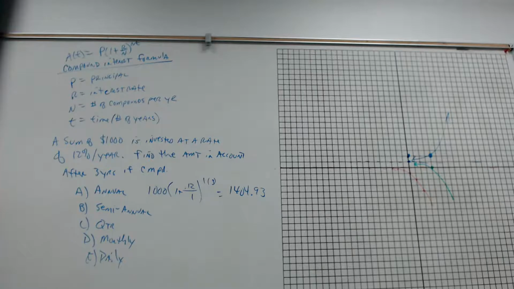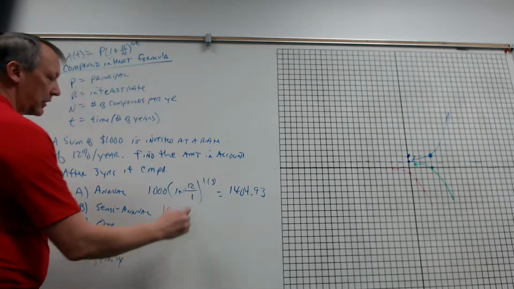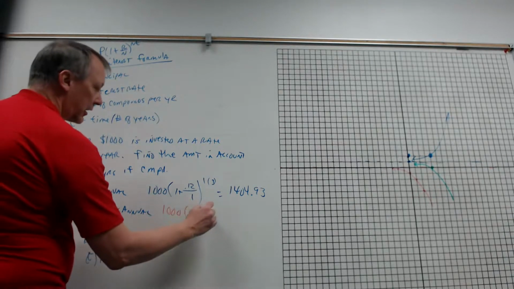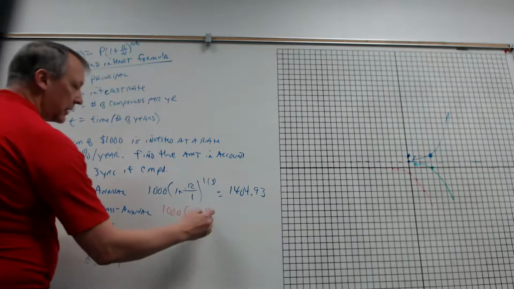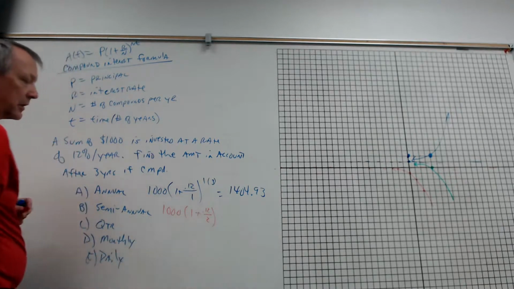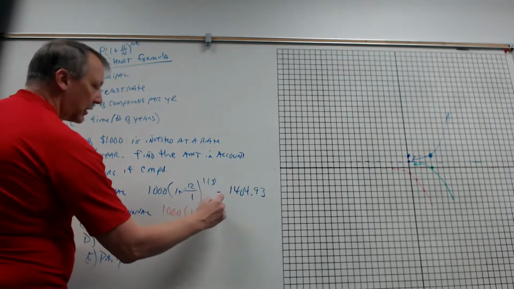Now let's have Locklear help me do this semi-annually. 1,000, parentheses 1 plus 0.12 over 2, and then 2 times 3.